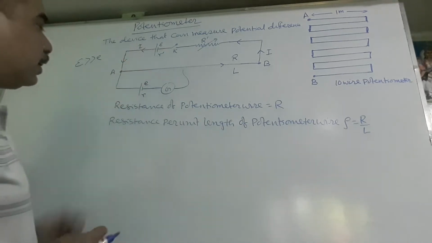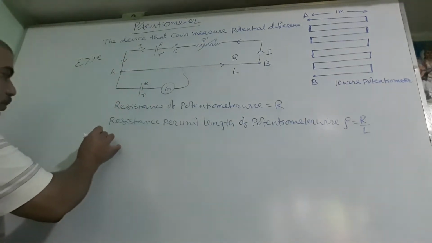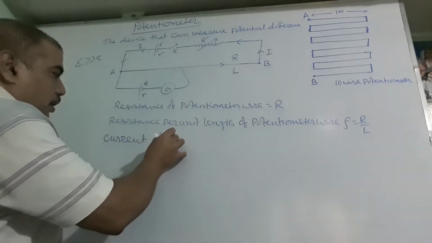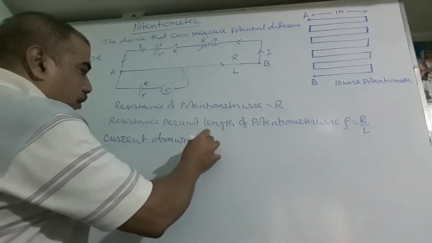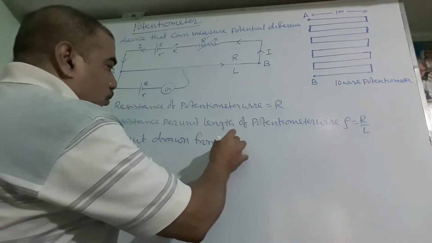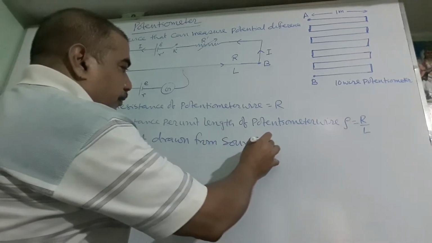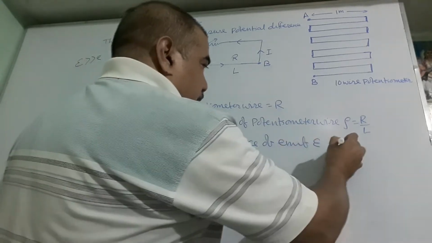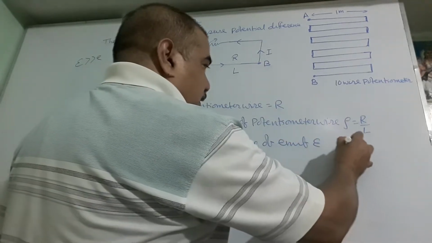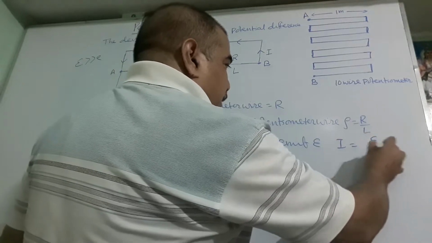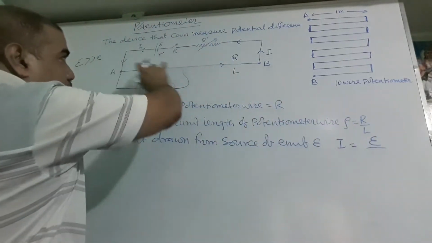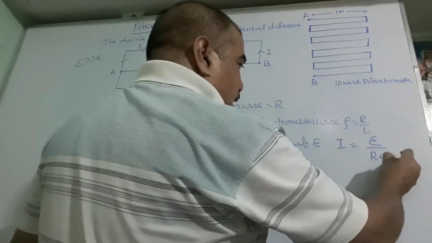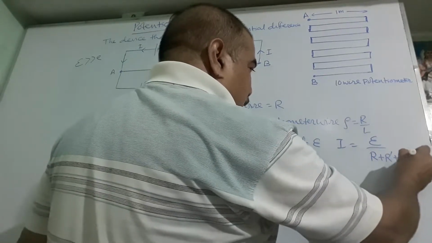Now, what will be the current drawn from this source? The current drawn from the source of EMF E, this I, will be E divided by the total resistance of the circuit, that is R plus R dash plus r dash.